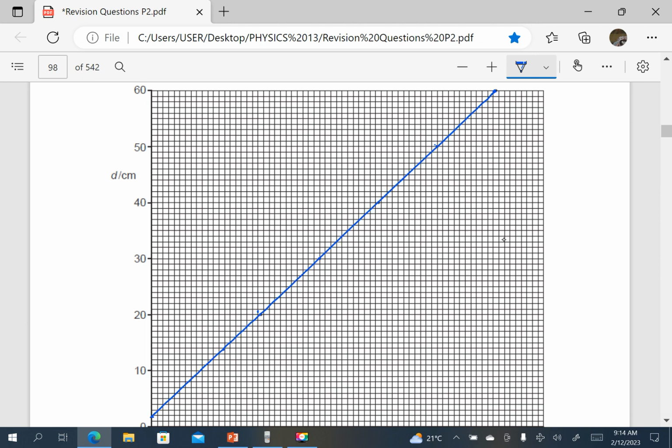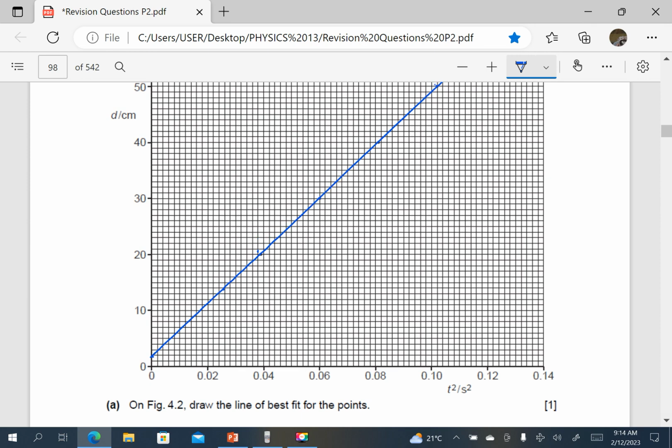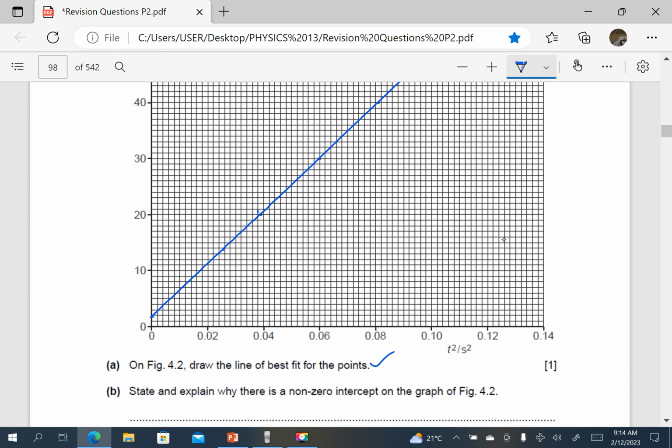Okay, let's go with that one. Let's try to go with that one. Okay, so draw the line of best fit. I've drawn the line of best fit, which is not easy.